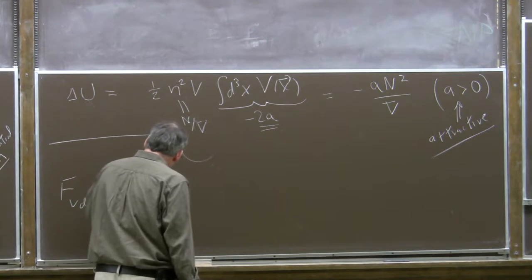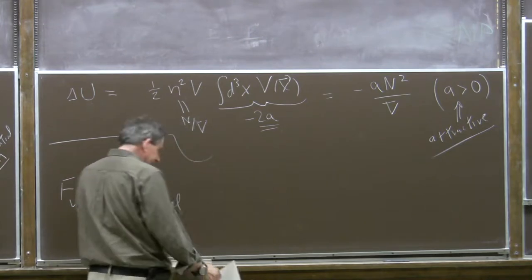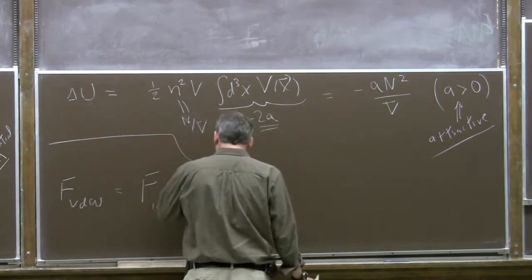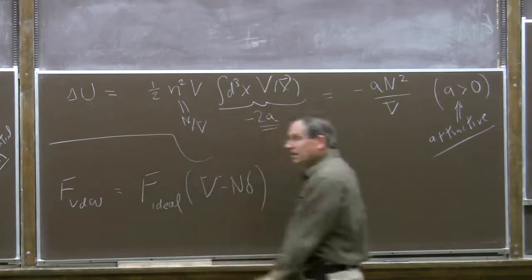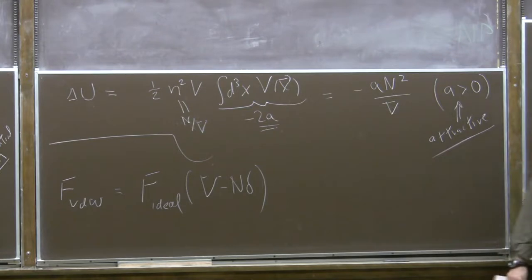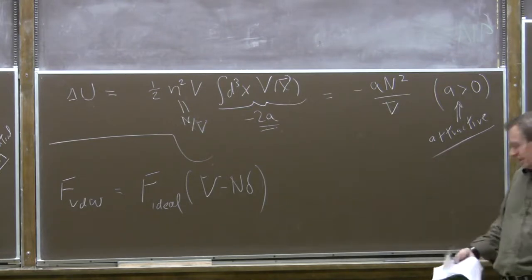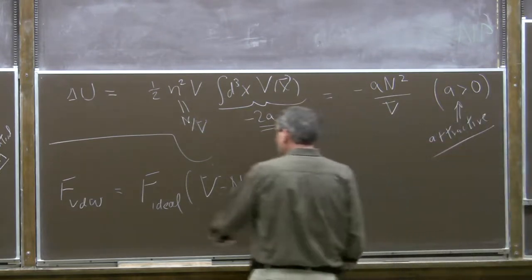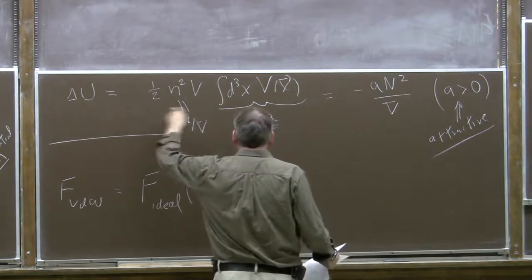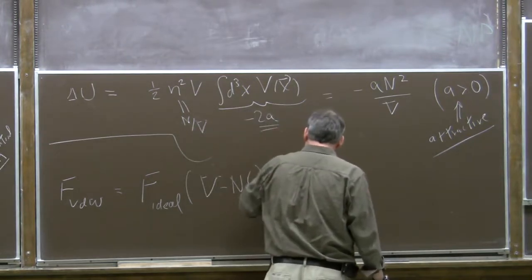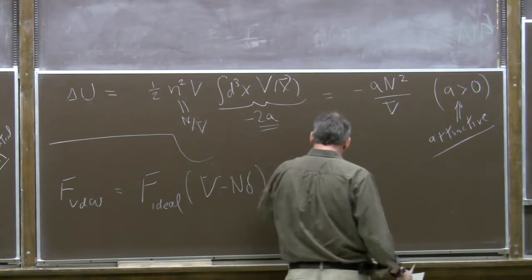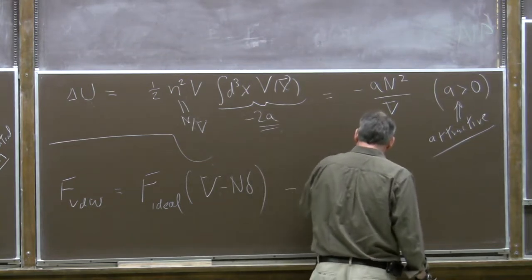I consider the expression for the free energy that I would have in the ideal gas case, but now replacing the volume by the included volume, what's left over after I subtract away the volume occupied by all the particles, and then the additional contribution coming from the attractive interaction piece of the internal energy, which is minus a N squared over V.